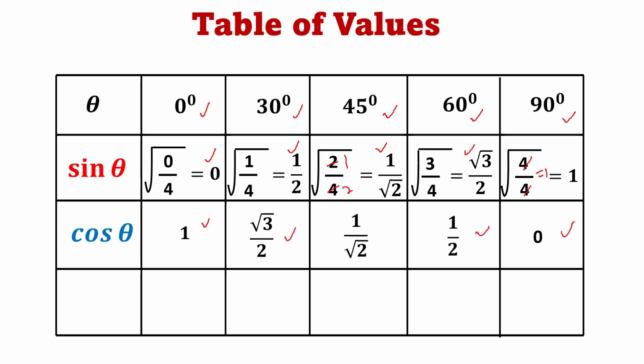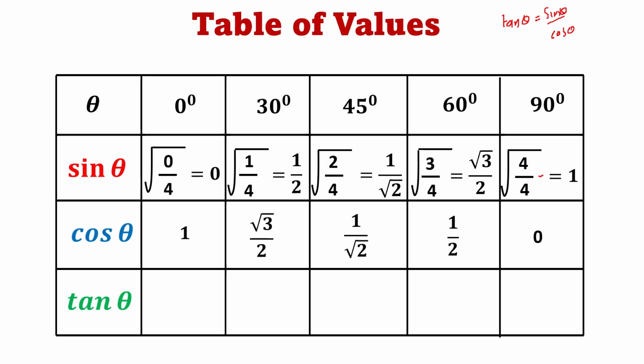Let me wipe these drawings and now we will find the values of tangent function for these angles. So tangent theta, as we know that tan theta is equal to sine theta over cos theta.